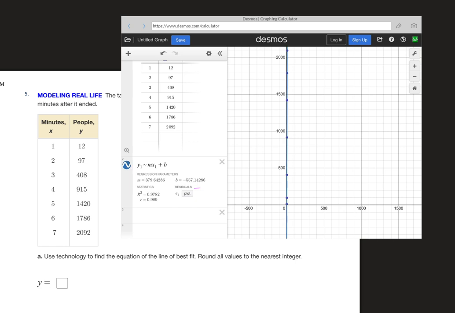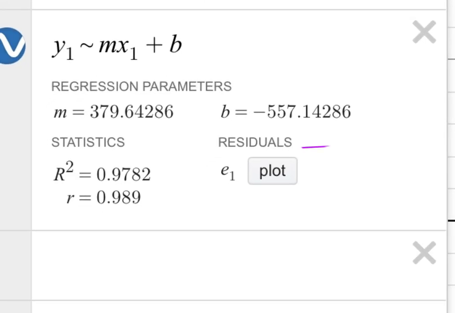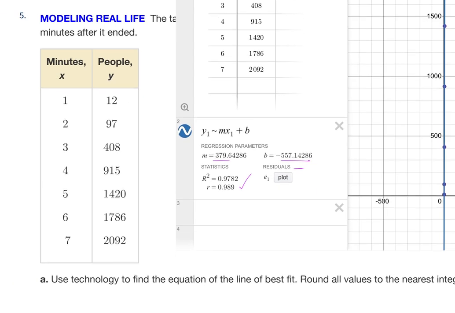And now when we turn the line back on, it is quite a tall slope, right? The slope is, let's zoom in, 379.64. It's rising 379 and some change for every one it goes over, right? There's the y-intercept. There's our r value, so it's pretty accurate, right?